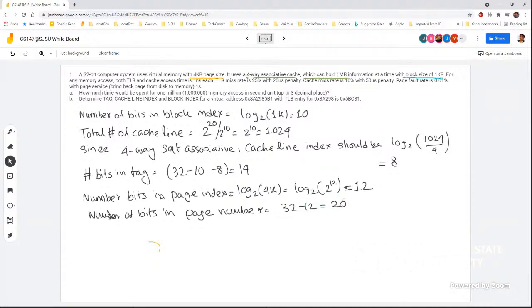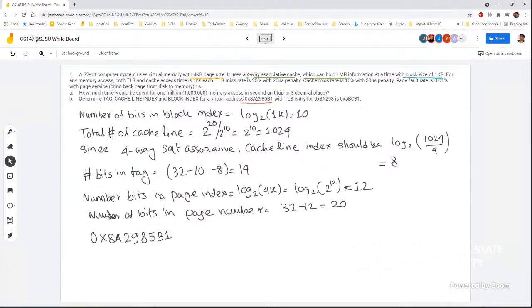Now let's come to the business. Our virtual memory address was given, this one. So let's write it down: 0x8A2985B1.